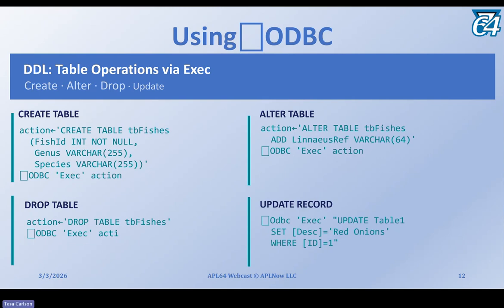Here are some examples of those actions where we can create a table, drop the table, or alter the table, add another column, or as we saw before with the exec statement, an update to modify any records in the table.